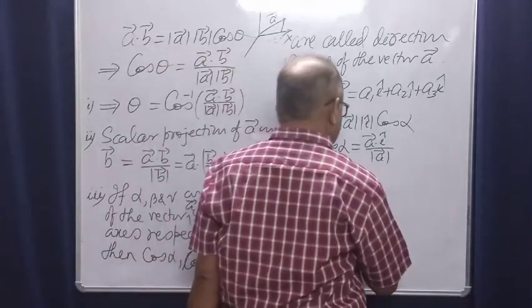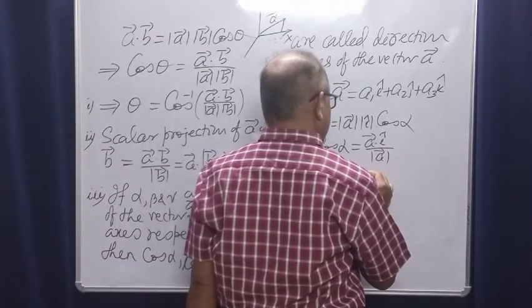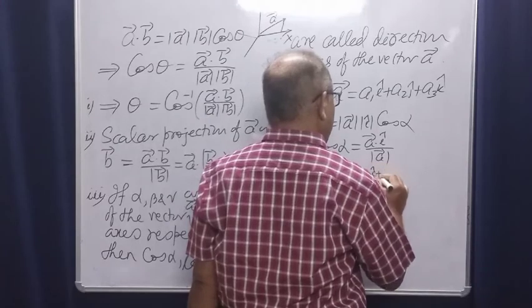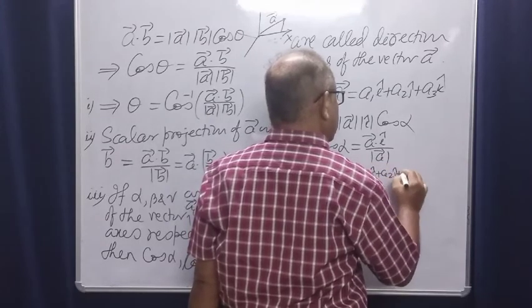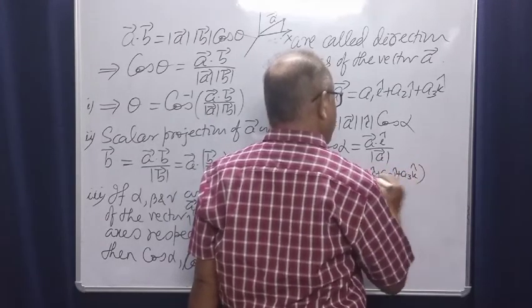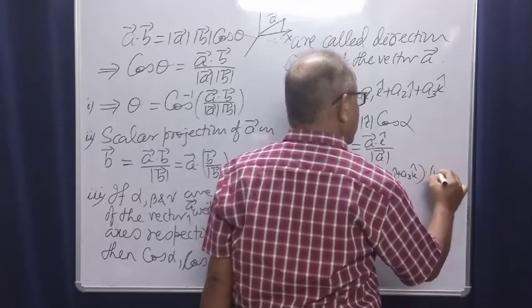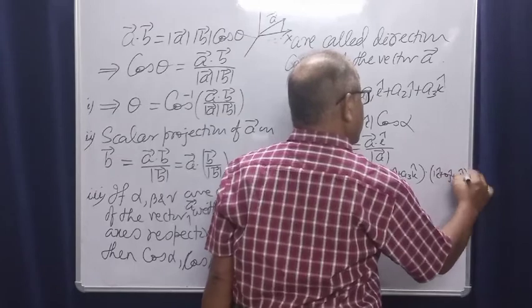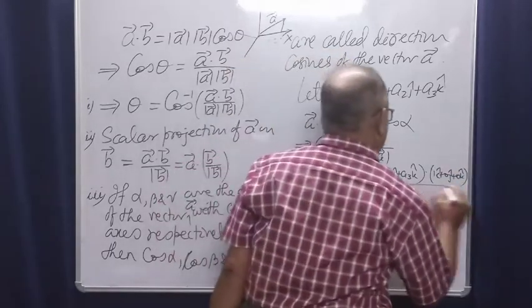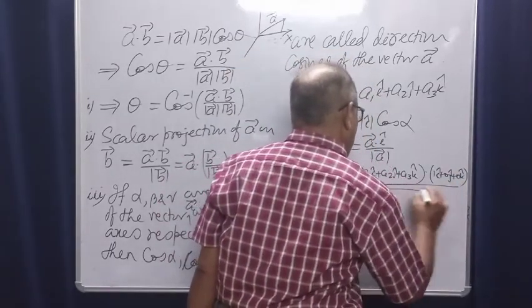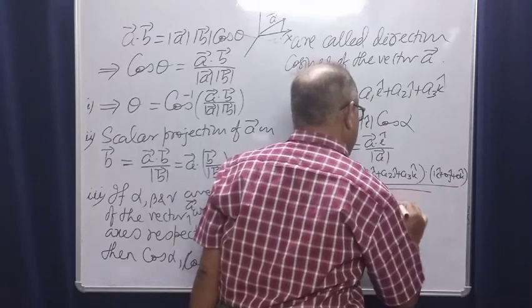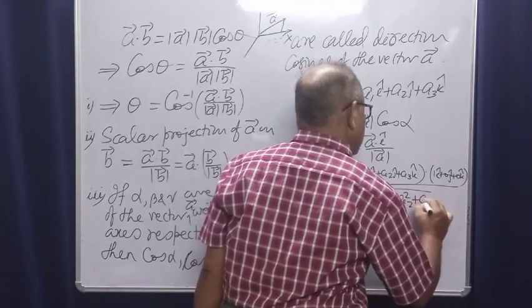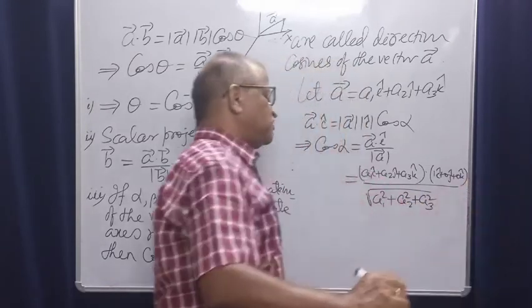But what is a dot i cap? It is a1 i cap plus a2 j cap plus a3 k cap dot 1 into i cap plus 0 into j cap plus 0 into k cap, by magnitude of a, which is the square root of a1 square plus a2 square plus a3 square.